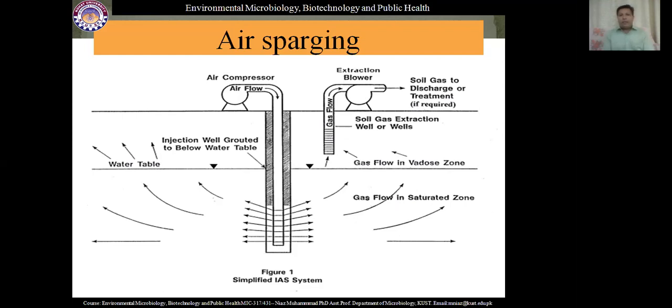So air sparging is also a technique to reduce and treat the pollutant, and we have discussed three possible ways over here. First, the air molecules and gases present in air, especially oxygen, will react with different components of the toxic pollutant.